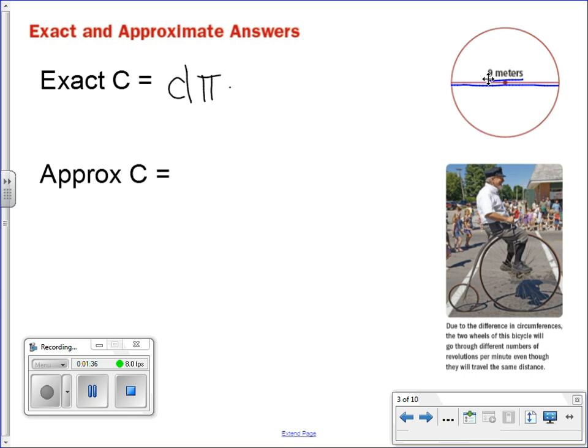Well, I can replace diameter with the diameter of our circle, which we see is 9. So this is 9 times pi. That is our exact answer. Now, to approximate the circumference, we would just plug 9 pi into our calculator. And when you do so, you get 28.27.